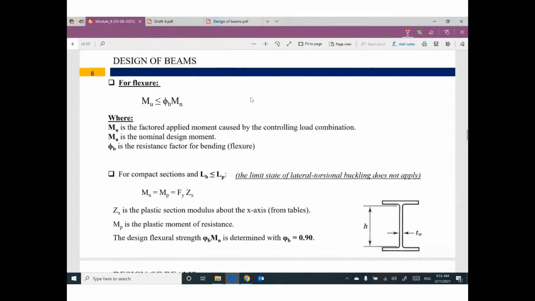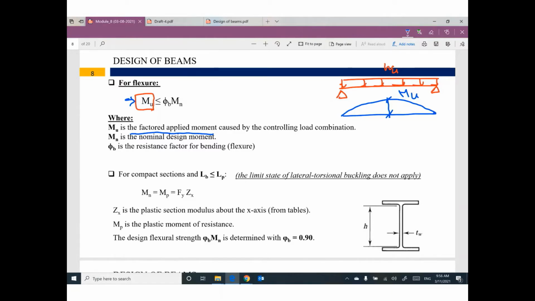So just to remind you, what is the philosophy of design? We have M ultimate. Do you remember what is the meaning of M ultimate? Yes, I remember. We have a beam under the effect of uniform distributed load, for example, W ultimate. This uniform distributed load will cause bending moment. This bending moment, the maximum value can be called M ultimate. So M ultimate is the applied moment coming from structure analysis.